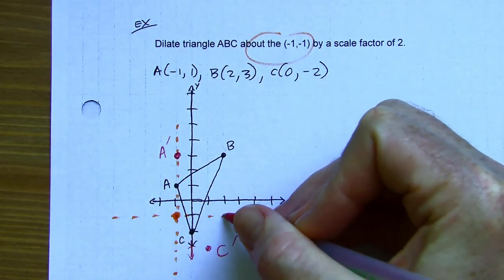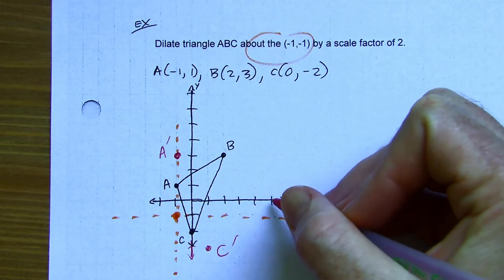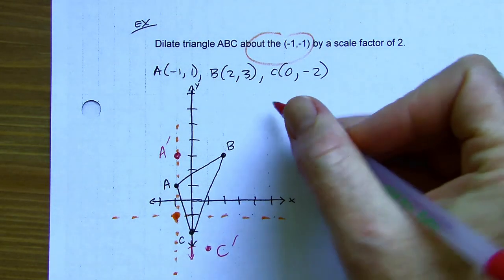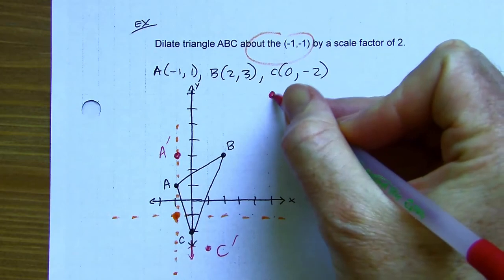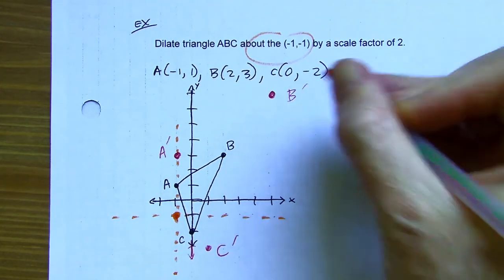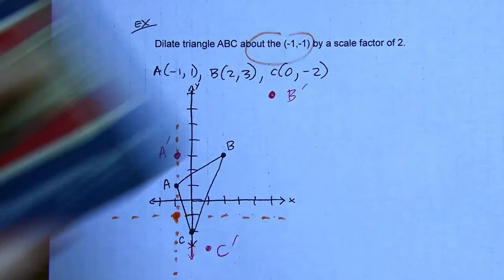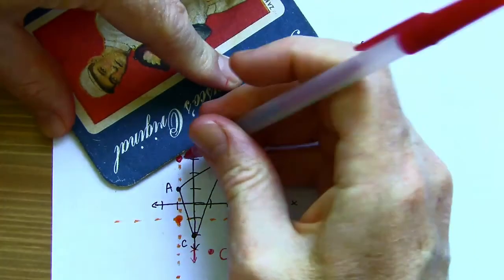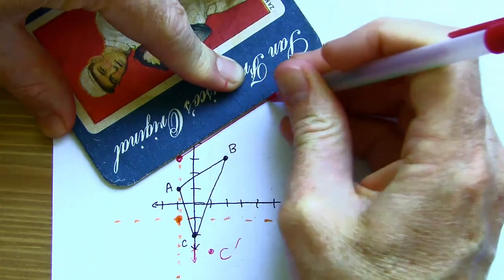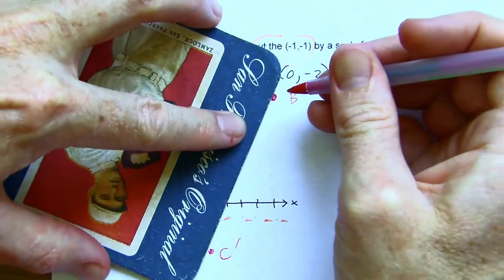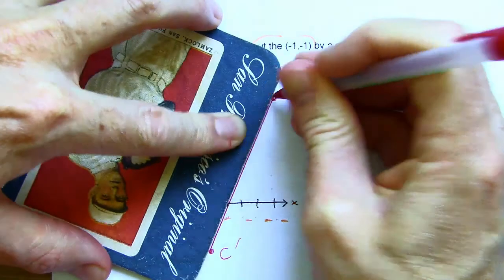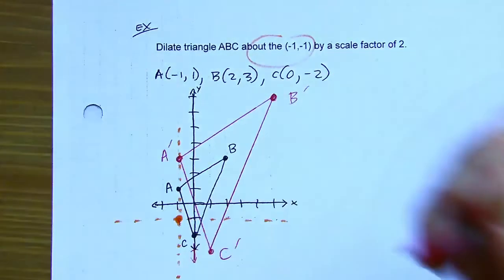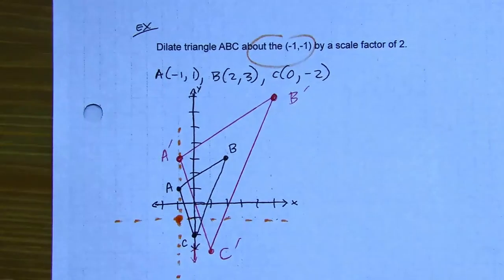1, 2, 3, 4, 5, 6. 1, 2, 3, 4, 5, 6, 7, 8. Just enough room. There's B prime. Now I'll connect the dots, and then I'm going to label the coordinates of those prime points.